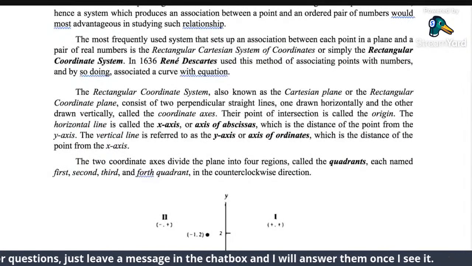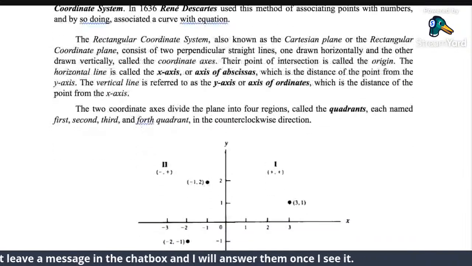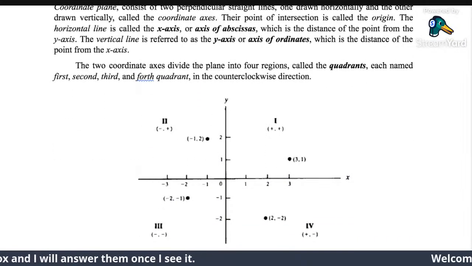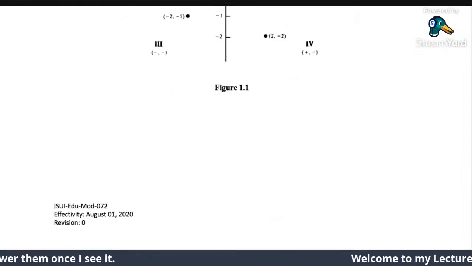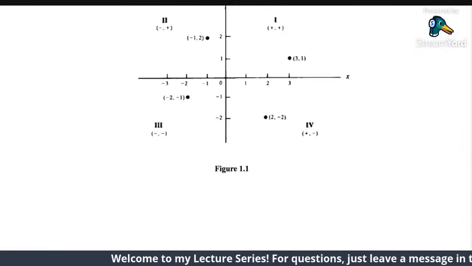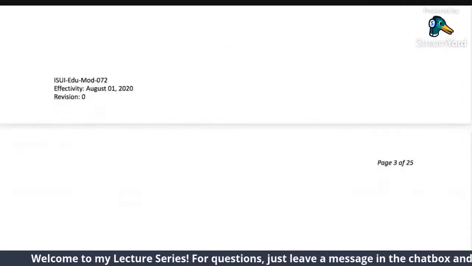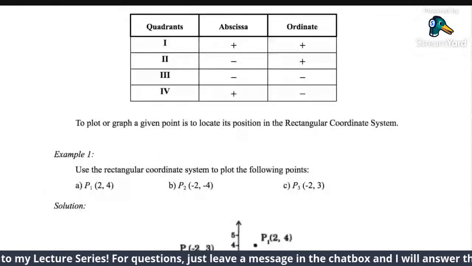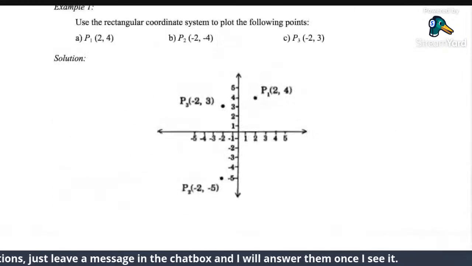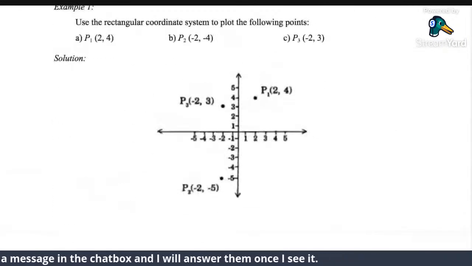All right, so we are back. If it's a bit blurry for you, just try to access your module so you can see it better. So this is an example of your rectangular coordinate system.